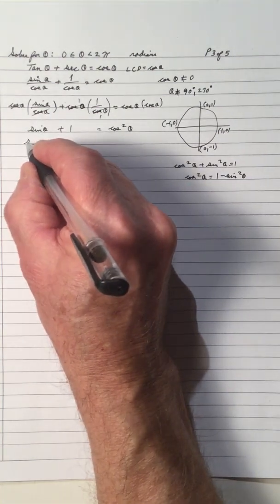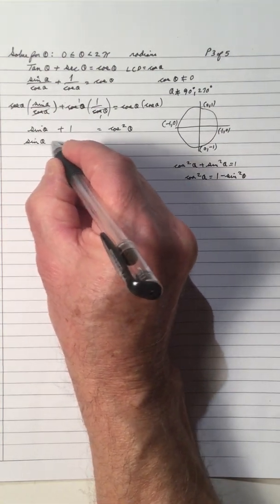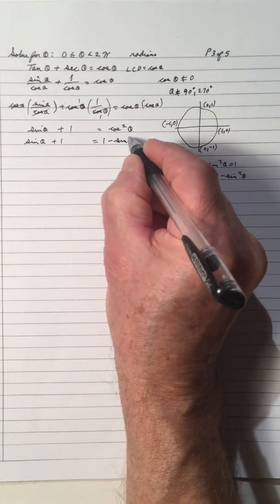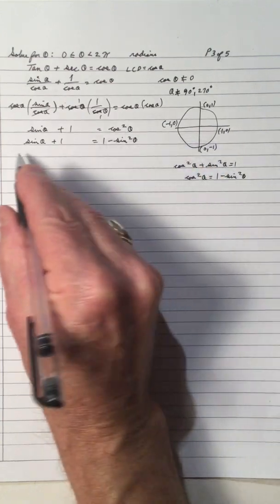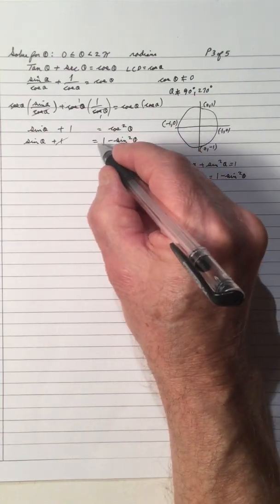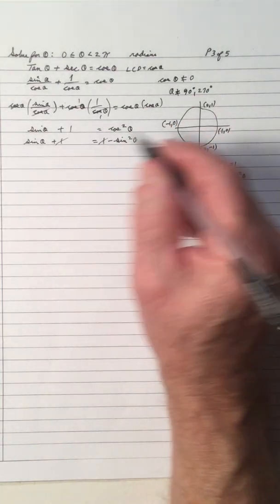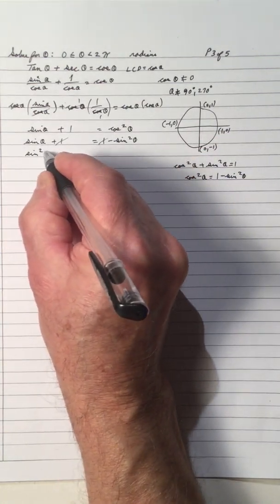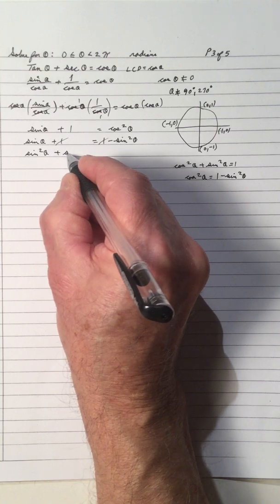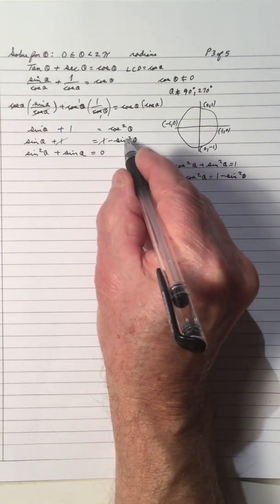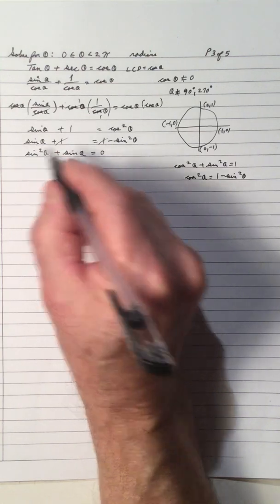So if I change the cos squared to 1 minus sine squared, I have the same trig ratios in the equation. Notice I have a 1 here and a 1 here, so I can cancel the 1s because they're on each side. So bring the sine squared over, make it positive, plus sine theta equals 0.